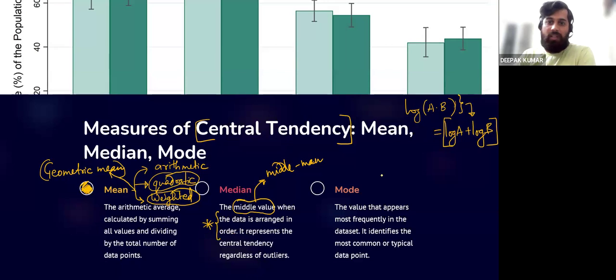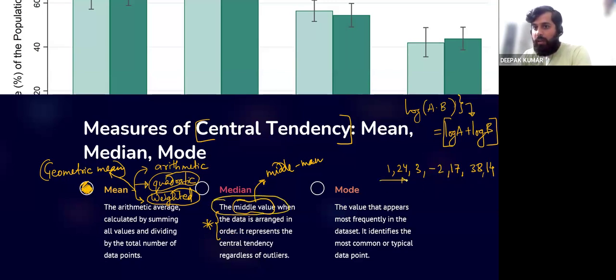Say if I give an instance: 1, 24, 3, minus 2, 17, 38, and say one more value, 14. If you see the middle value, you start from the left and from the right and arrive at the middle.